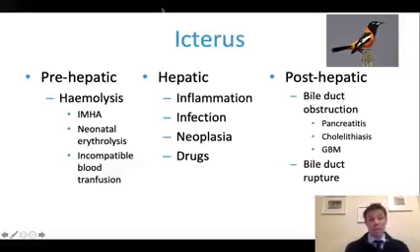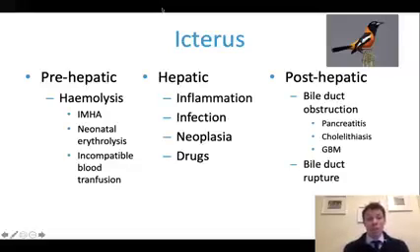You will see it in kittens more with neonatal erythrolysis. And if you are not cautious with cross-matching secondary or tertiary blood transfusions, you will see hemolysis occurring with an incompatible blood transfusion.